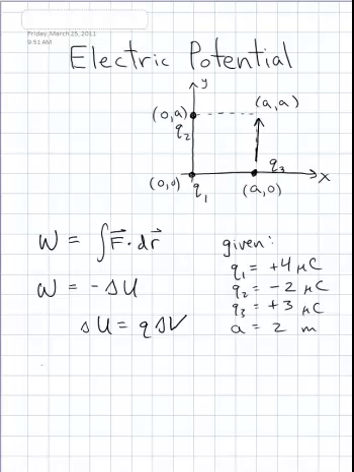So some books will write work is equal to minus Q delta V, and some books will write work is equal to Q delta V. And if you're the type of person who just likes to memorize equations, you're going to get messed up here. It depends on what we're talking about.